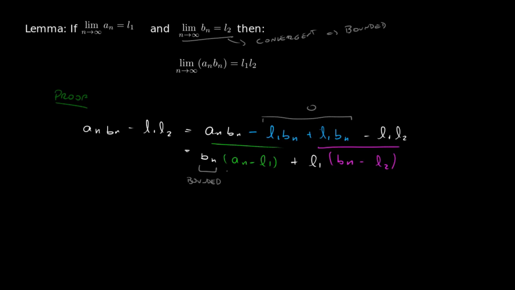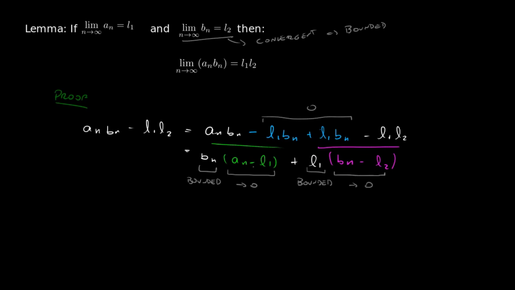Now, because of the equivalent definition of a limit that we saw, a sub n minus L1 has limit 0. Here, L1 is a number, so again, it is bounded. And b sub n minus L2 is the sequence minus its limit, which also tends towards 0.